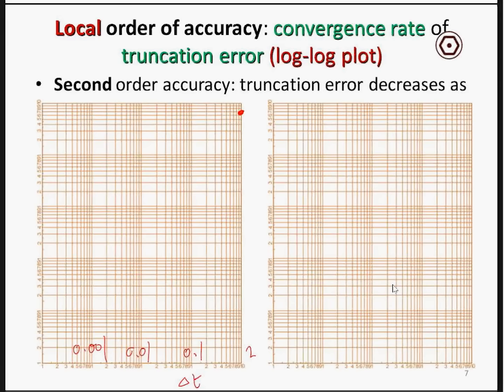It's delta t squared. When I make delta t 10 times smaller, delta t squared is 100 times smaller. So I should be here when delta t is decreased by a factor of 10, and here when delta t is decreased by another factor of 10. If I link it, it'll be a slope like this, and I'm kind of out of the chart at 0.001. So you can see that the second order scheme is going to be much better than the first order scheme, especially if I have the luxury of making delta t very small.